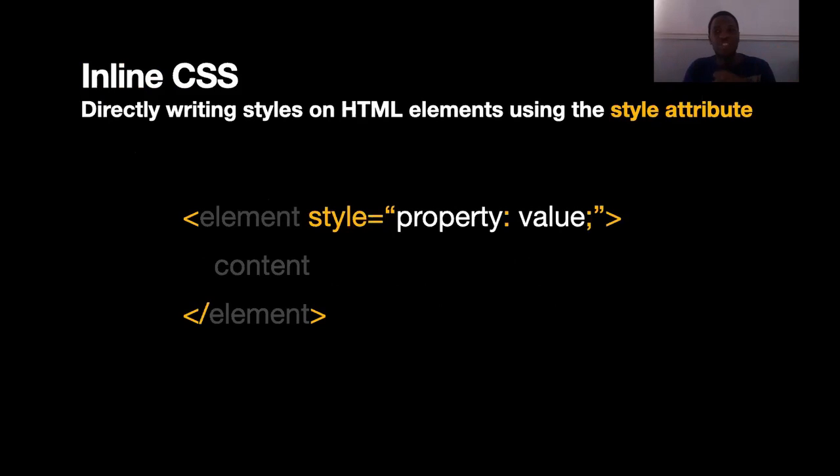So anytime you use the style attribute to add CSS to a particular element, that method is called inline CSS, right? So we can see what it looks like here. We already know what the anatomy of the element looks like. So all we just added there was what? The style attribute, and the value of the style attribute is now the CSS styles you want to add to that element. I hope that makes sense.